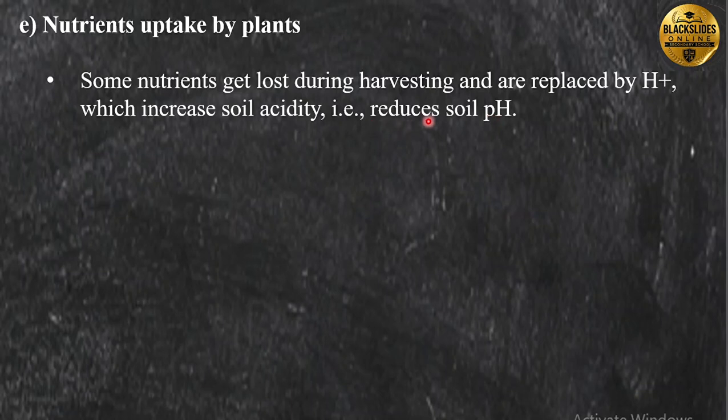In the process, pH decreases. Remember that when pH decreases, acidity increases. A soil which has more hydrogen ions is more highly acidic than one which does not have a lot of hydrogen ions.